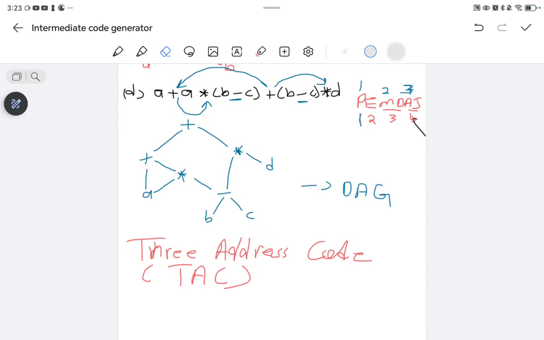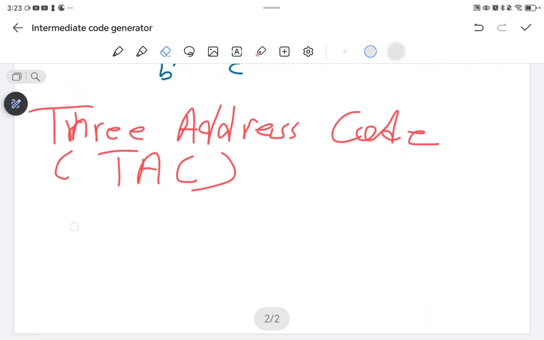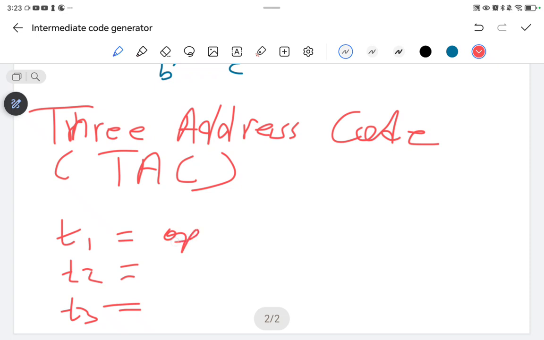Sometimes we're given complex expressions, and what we need to do is decompose them into simple steps. That's why, when we come to 3 address code, we're going to be talking about things like T1, T2, T3, which equal some argument, operation, argument, or sometimes an operation and an argument, or a unary assignment like negative.